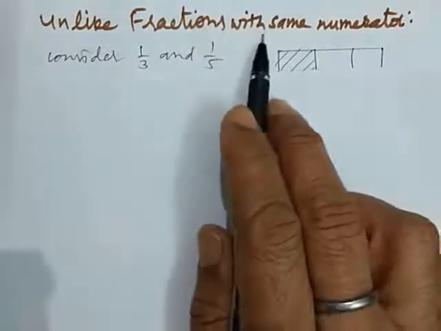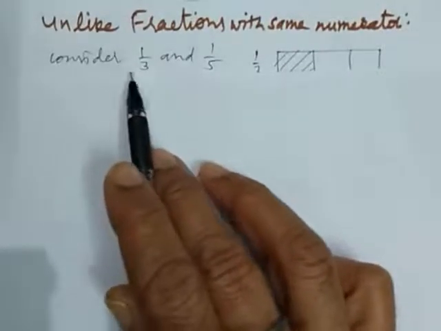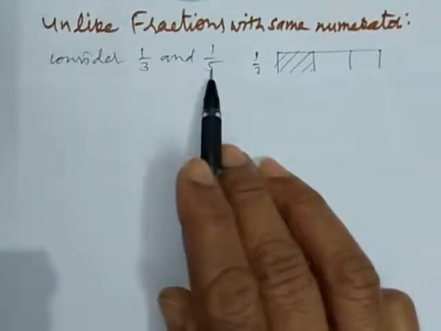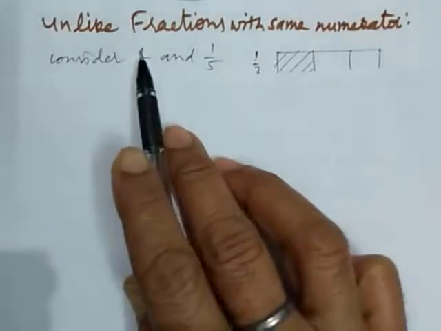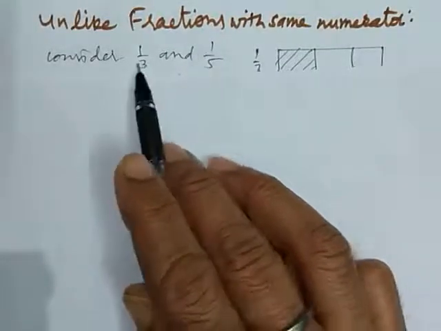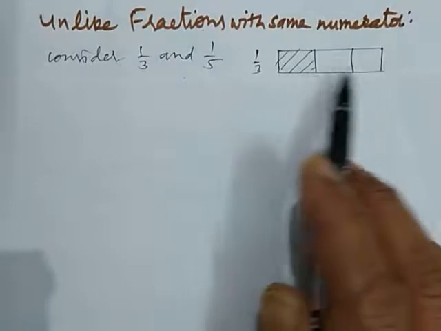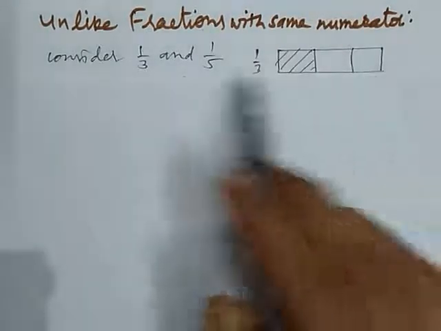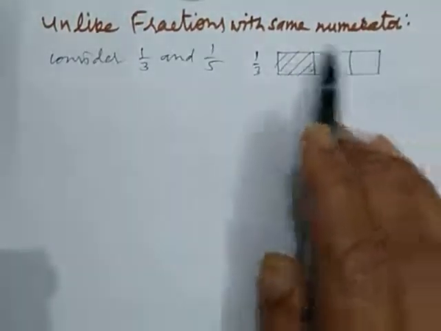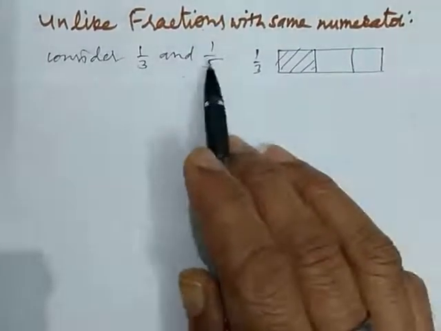Unlike fractions with the same numerators. If we have unlike fractions, that is, the denominators are different but the numerators are the same, then we can compare them easily. Here we express these in pictorial form. 1 by 3 has 3 equal parts as a whole, because the denominator is 3, and we have to consider 1.